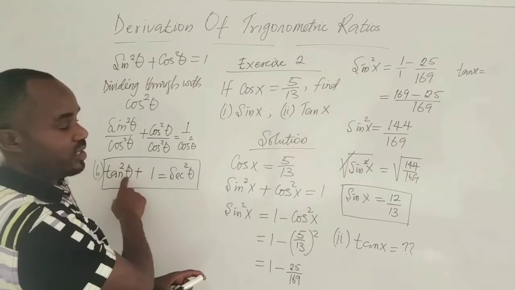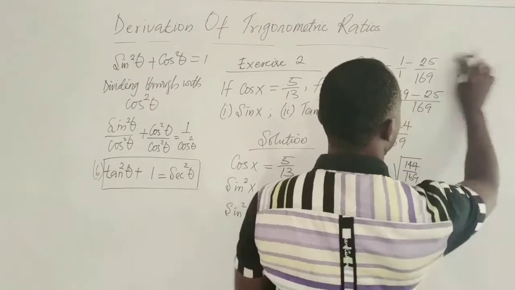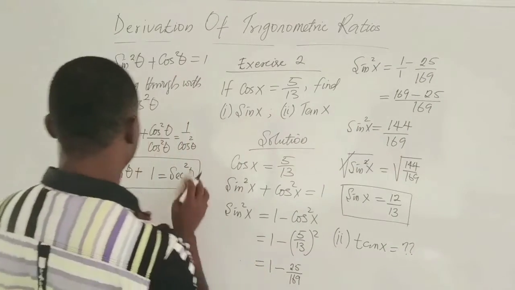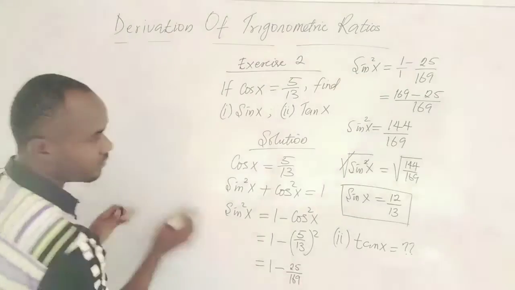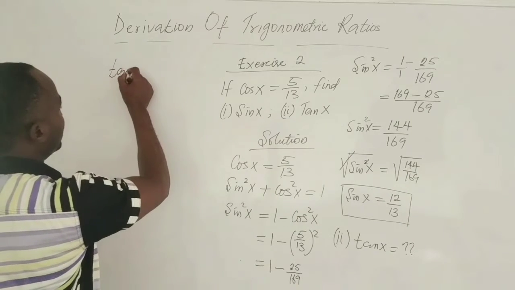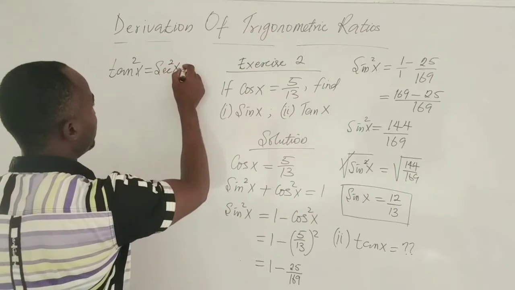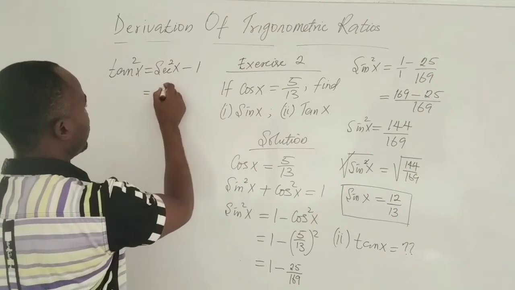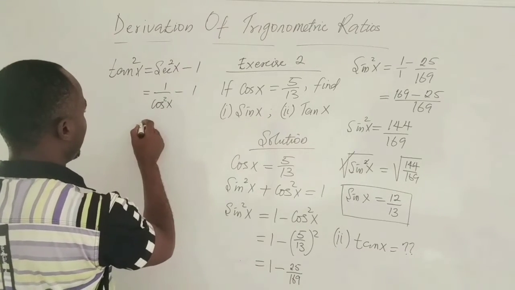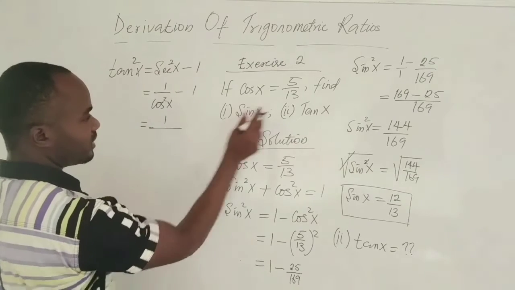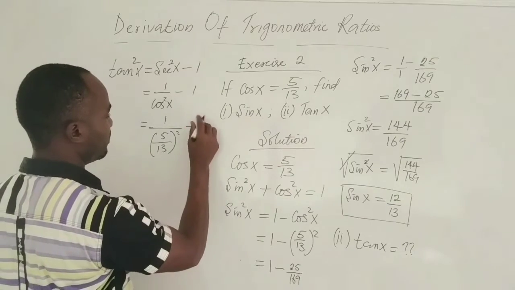From here, we can have tan x squared. Let's have enough space. We have tan x squared is equal to secant x squared minus 1. For secant, we have 1 over cos x squared, minus 1. And that is 1 over (5/13) squared minus 1.